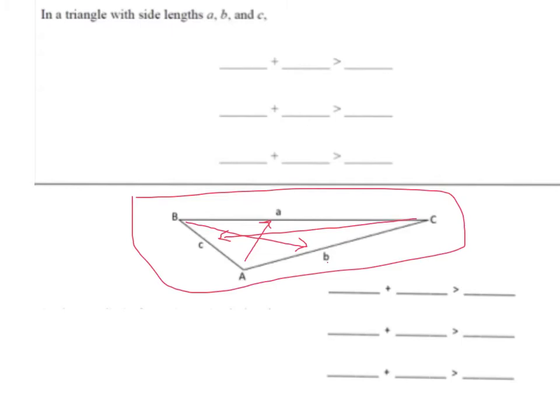So really what the triangle inequality says is that if I take the two smaller pieces, C plus B, that has to be greater than A. And if that's true, then C plus A has to be greater than B, and then the other combination is A plus B, which has to be greater than C. So that right there is the triangle inequality.